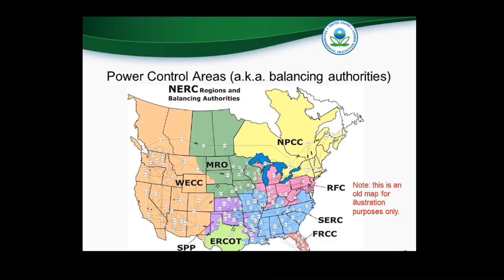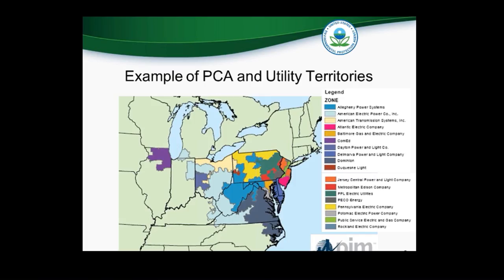Next slide, please. Here's a map of the PJM territory, the PJM power control area, and within it there are several different utilities. This is usually the case. There will be several different utilities within a power control area. Next slide, please.